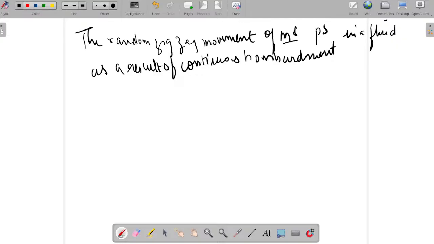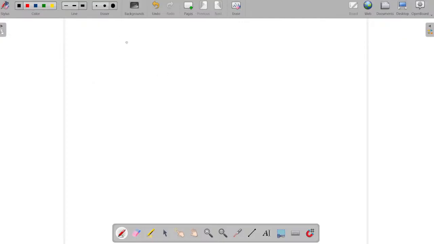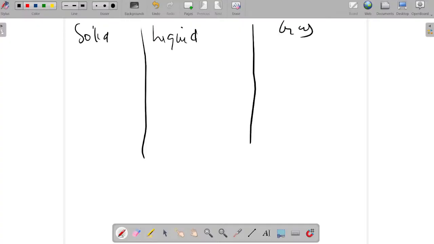Now, the three states of matter. There are three states of matter, as we know: solid, liquid and gas. Solid is very closely packed, liquid is less closely packed, and gas is packed very differently.